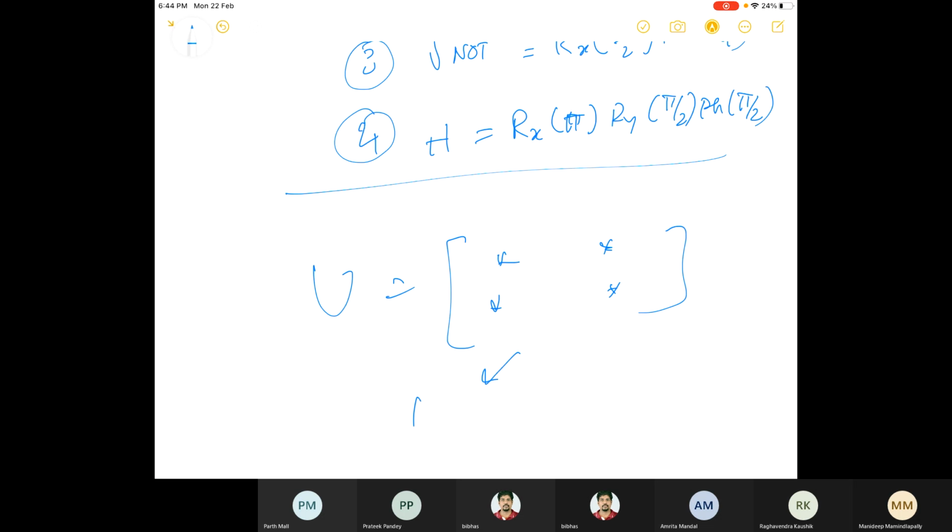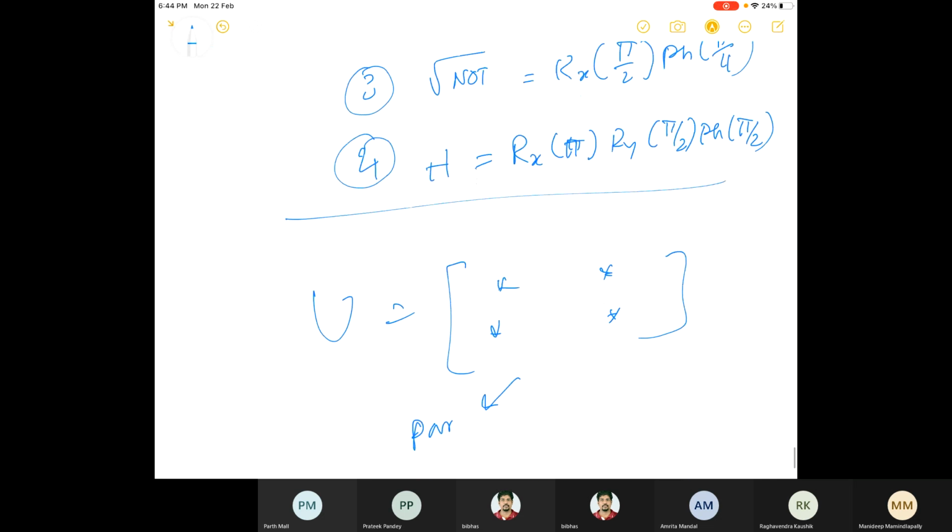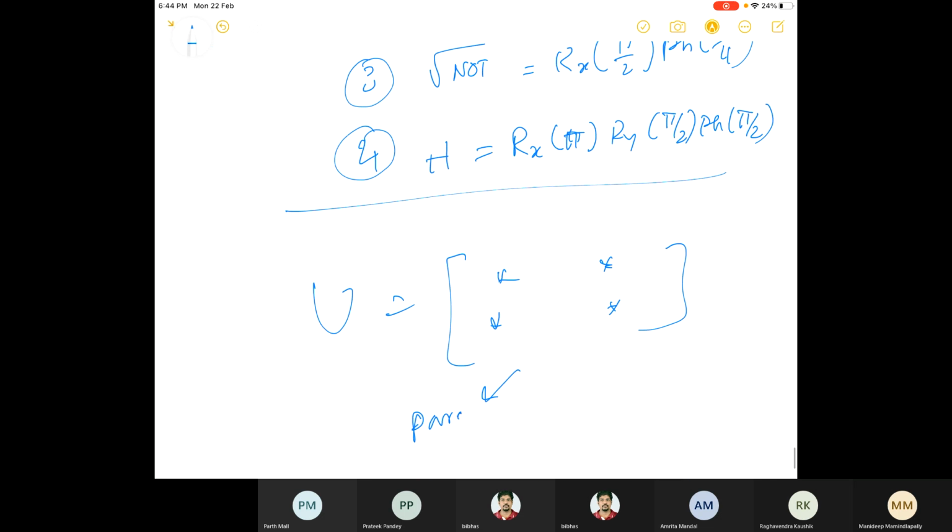This is given by this. If we just multiply for some A, B, C, D, and then check, this is a parametric representation of unitary matrices of order 2 by 2.